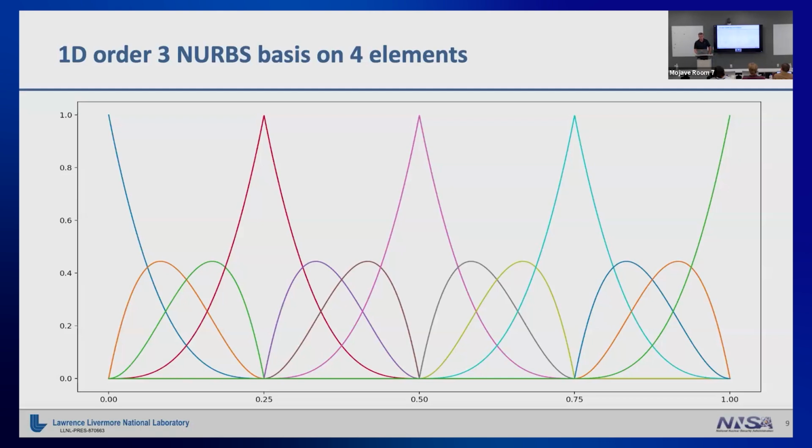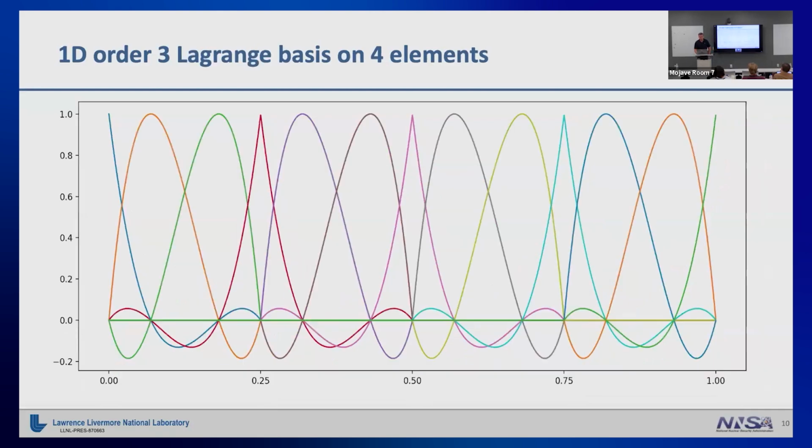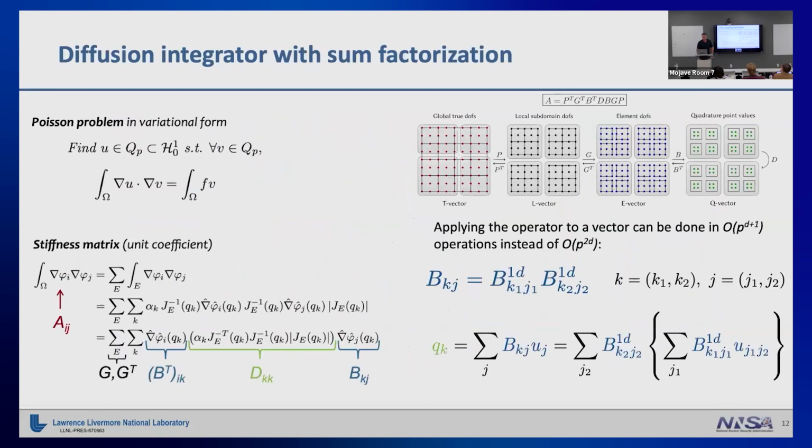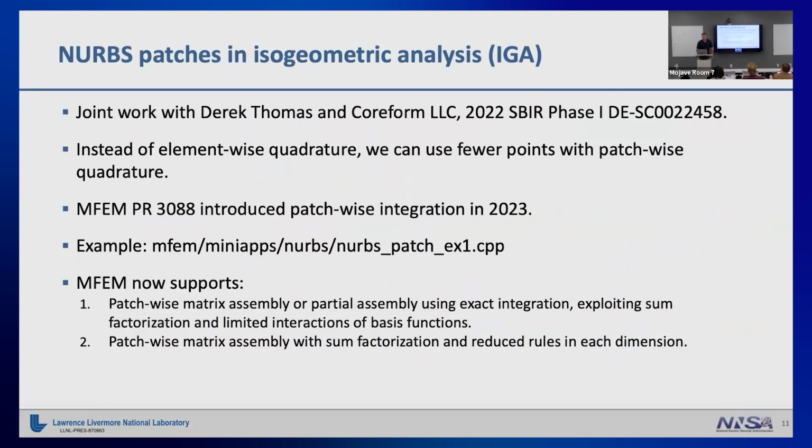But here we're going to be looking at constructing a minimal rule algebraically, because there are too many combinations, and it's a difficult problem of how to do this theoretically. This happens to be the same number of basis functions as the Lagrange space. So we'll be doing patch-wise quadratures here instead of element-wise.